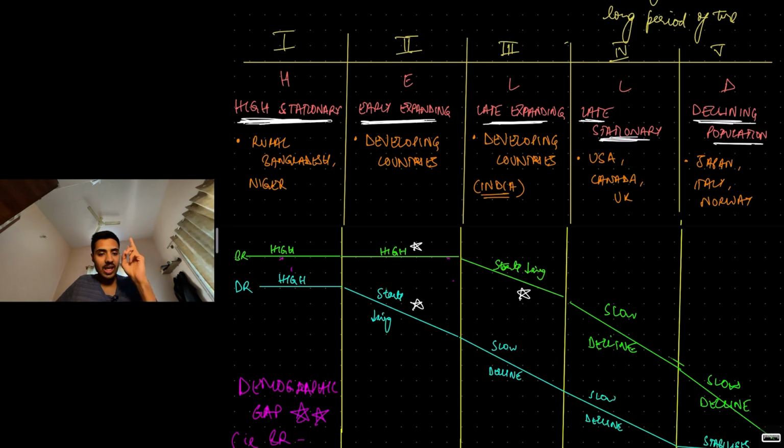Population is still increasing, but not explosively. Demographic gap starts decreasing. Stage 4, late stationary, best stage, stable population: birth rate is on slow decline, death rate is on slow decline, and the demographic gap is very narrow. Stage 5, declining population: demographic gap is negative because death rate becomes more than birth rate, as death rate eventually stabilizes and birth rate keeps on falling.